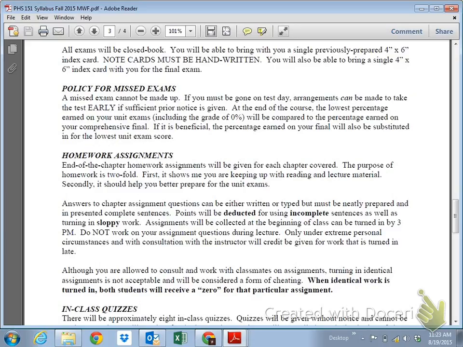The second paragraph under homework assignments is kind of important. It says that you can handwrite them, but you can also type them, which is probably even better. Depends on your handwriting. If it's neat, that's cool.